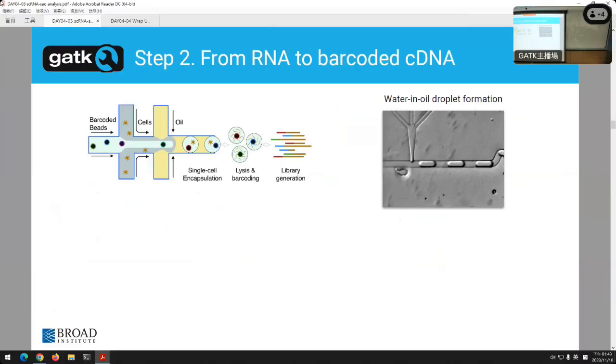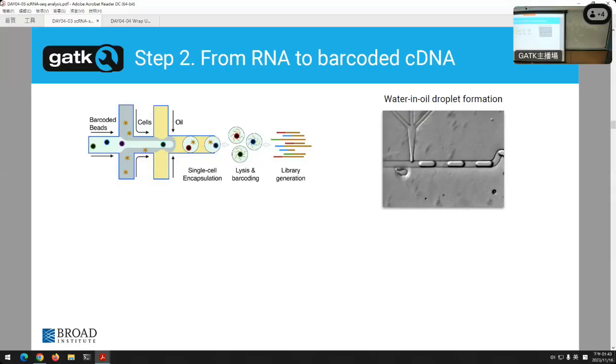That's what's happening there. Okay, and what those beads have are chemicals that lyse the cell. That means it breaks apart the membranes of the cell, so the cell explodes out, and all the RNA is floating around. So one thing is they lyse the cell, and they add barcodes to it. Now each water droplet will get one bead.